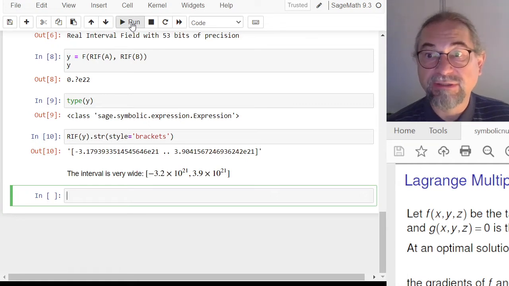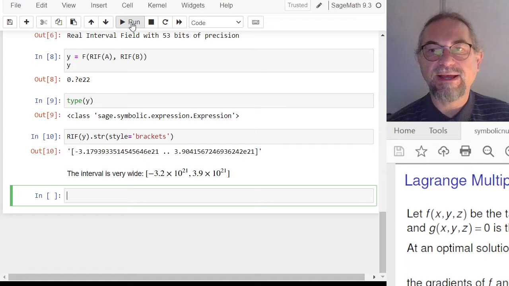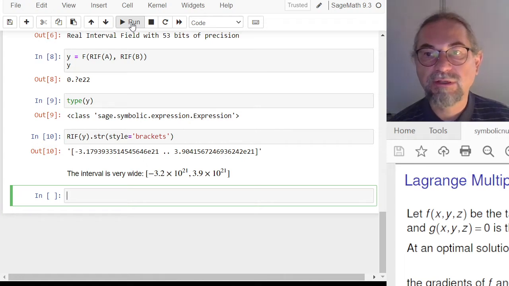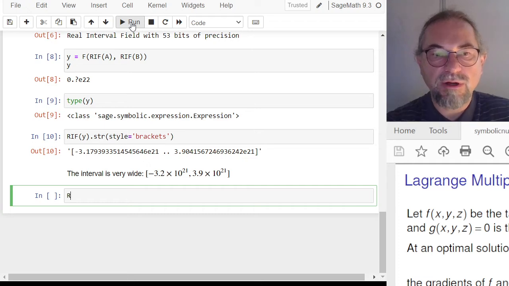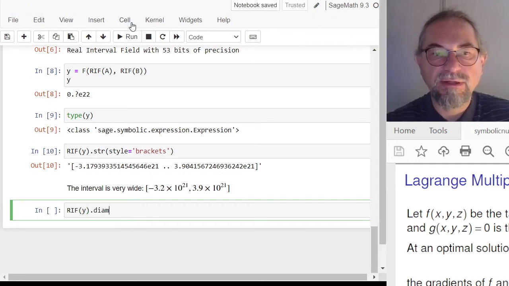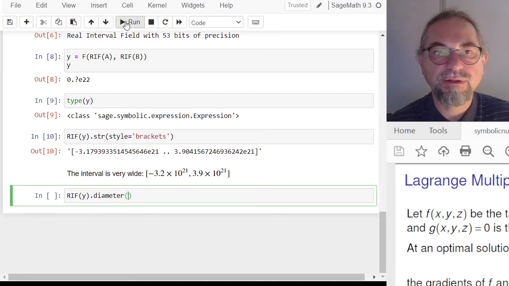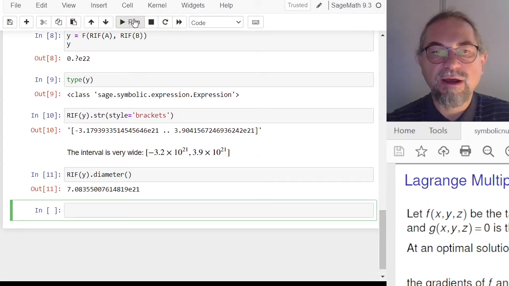So the point is it's entirely wrong, but we have an estimate also for the errors. So we could also ask to compute, I think that is the diameter that we can ask. So this gives actually the errors.